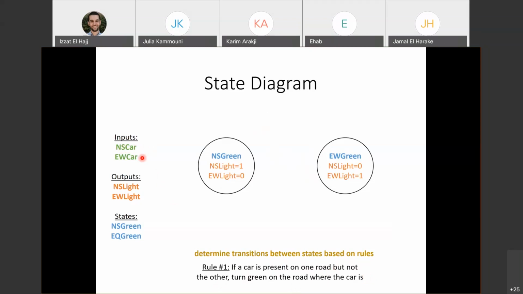So I have a car on the north-south road and I don't have a car on the east-west road. Let's say I was in the NS green state, so I was green on the north-south road, and then I get the input NS car is 1 and EW car is 0. What state do I go to? Do I stay in this state or do I move to this state based on this rule?